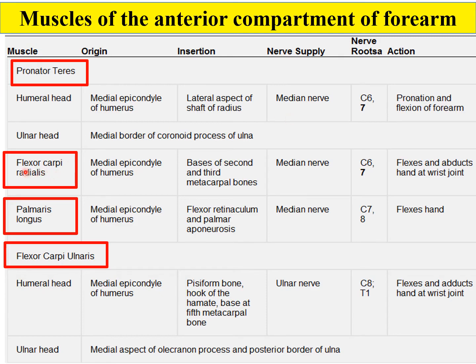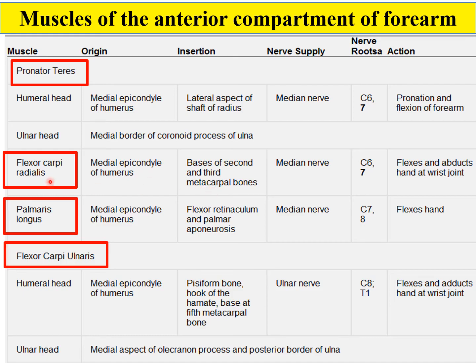Flexor carpi radialis. Flexor, as the name indicates, will perform the function of flexion. Carpi, going towards or attached to the carpal bones, and radialis means it is towards the radial side, arising from the medial epicondyle of the humerus, going towards the bases of the second and third metacarpal bones. So arising from the humerus and going to be attached to the carpal bones on the radial side.